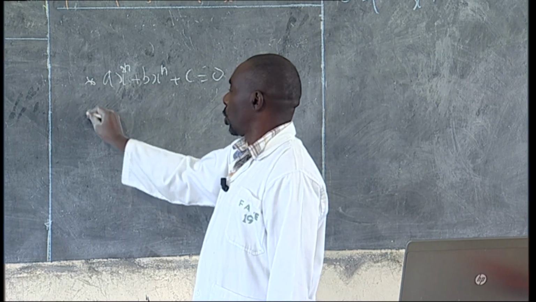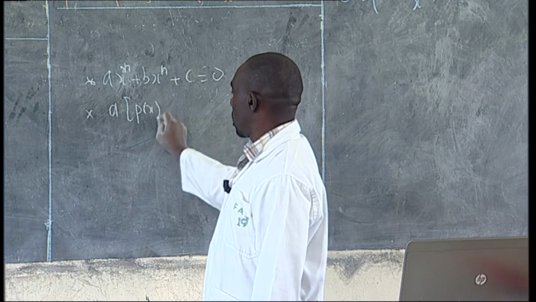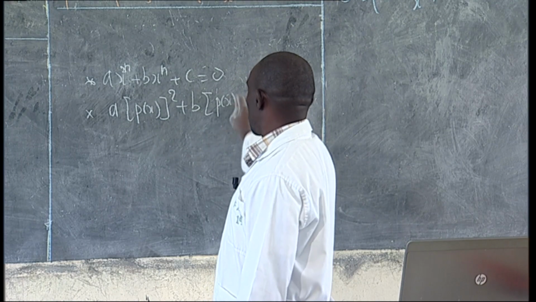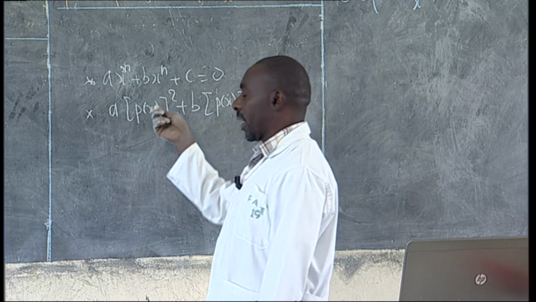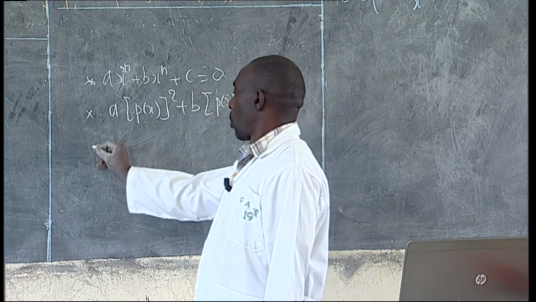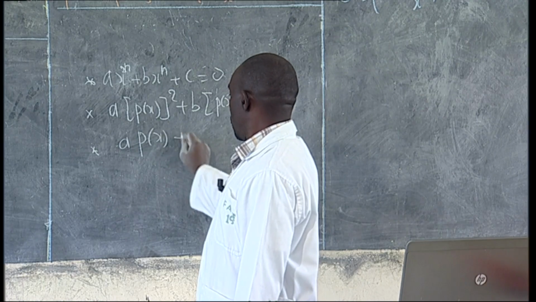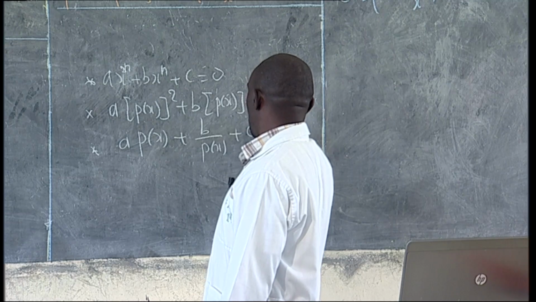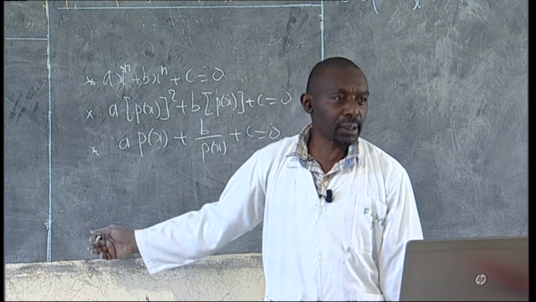We had equations of this form, a times the p of x squared plus b times the p of x plus c equals 0. Of course, p of x is an expression in x. We have solved equations of this form, b divided by p of x plus c equals 0. P of x is still an expression in x.